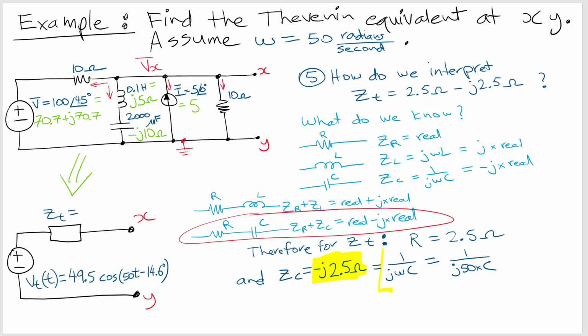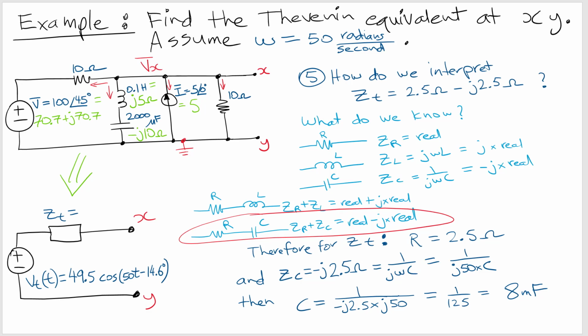And we know the impedance of a capacitor is 1 over j omega C. In our case, we know omega is 50, so we can put that in there. And we are going to solve for C. That's what we're solving for, C. So that's just a very straightforward manipulation.